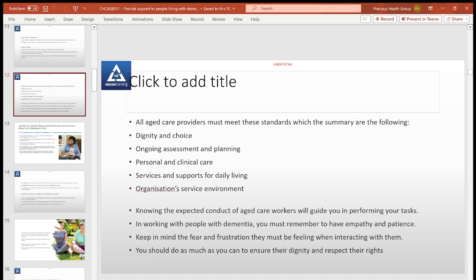In working with people with dementia, you as an aged care worker have to show some quality of empathy and patience towards the individual you are providing care for, and you have to keep in mind the fear and frustration that the individual might be going through, because they might try to tell you something and because they forget it, it will be quite frustrating.